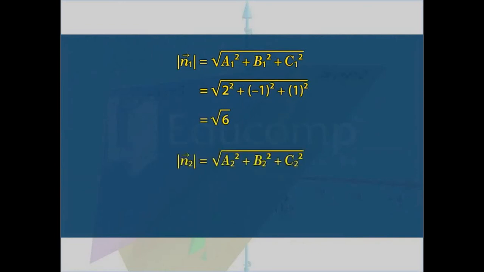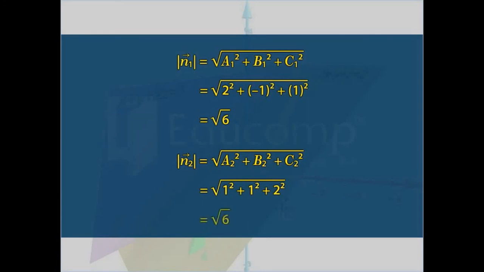Mod of vector n1 is given by square root of capital A1 square plus capital B1 square plus capital C1 square, which equals square root of 2 square plus minus 1 square plus 1 square. This results in square root of 6. The mod of vector n2 is given by the square root of capital A2 square plus capital B2 square plus capital C2 square, which equals square root of 1 square plus 1 square plus 2 square.